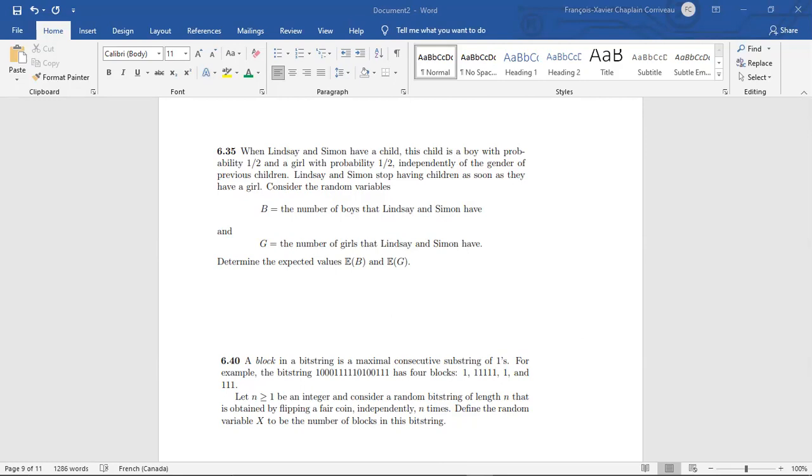So you might think, okay, I'm counting the number of successes in some experiment. But here you don't know the length of your experiment.